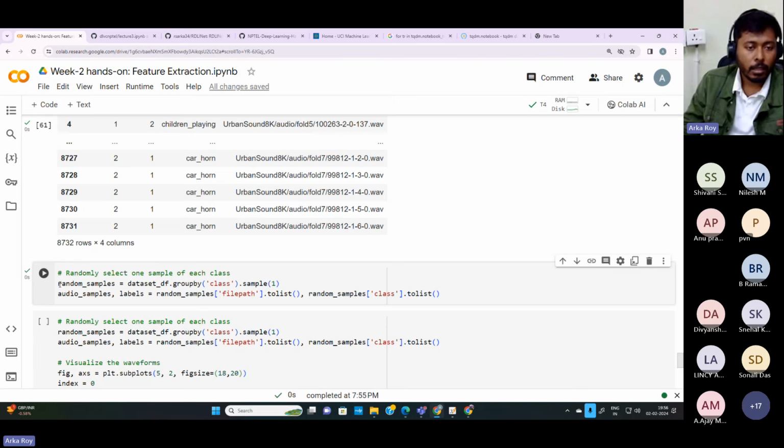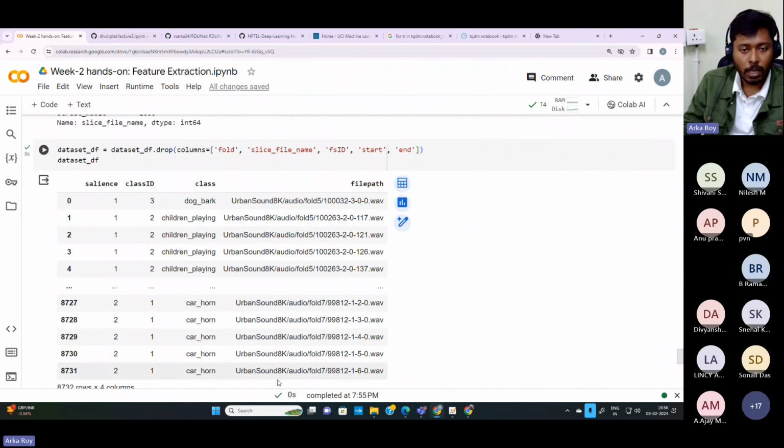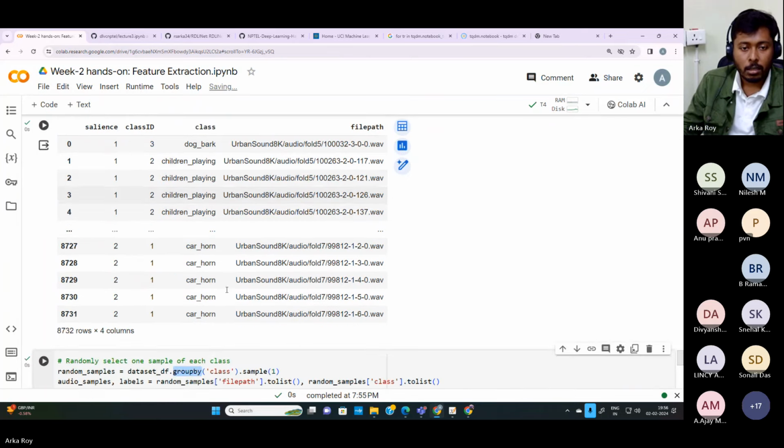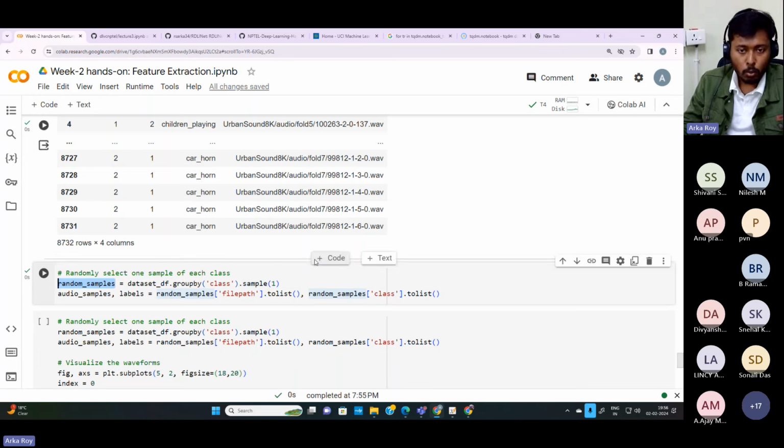Over here, I have written random samples, dataset df, that is this particular pandas file. Then group by class. Then sample one, that means I am instructing this function to take out one sample from each class. Let me show you how random samples look.